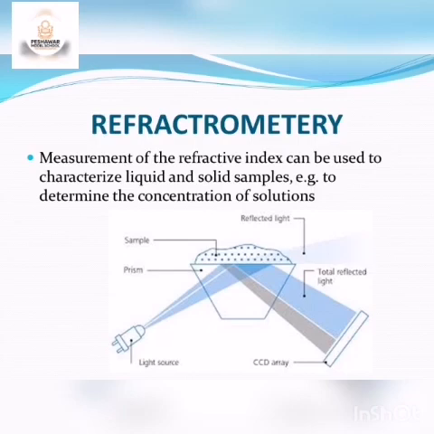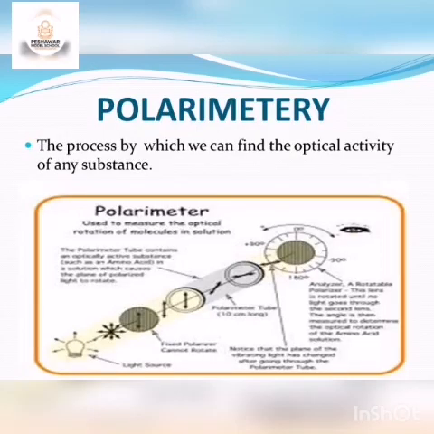Okay, the second one is polarimetry. This is the process by which we can find the optical activity of any substance, whether organic or inorganic. The substances or compounds are optically active if we see the polarized light rotate after passing through the prism. Look at this diagram.